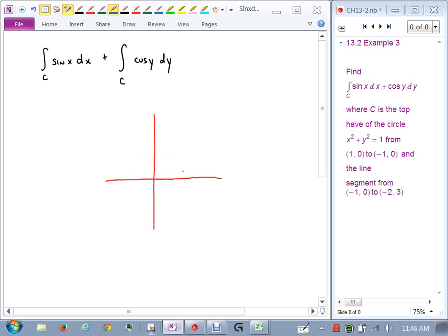And that's part of C, because it says it's this half circle, and the line segment from (-1, 0) to (-2, 3). So here's (-1, 0) to (-2, 3).